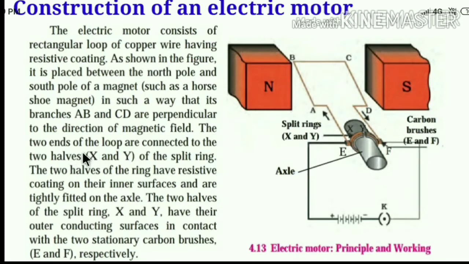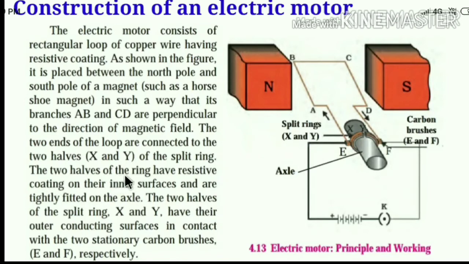The two ends of the loop are connected to two halves of a split ring. So here brown colored split rings are present, and these two ends of this copper wire, X and Y, are connected to these split rings.